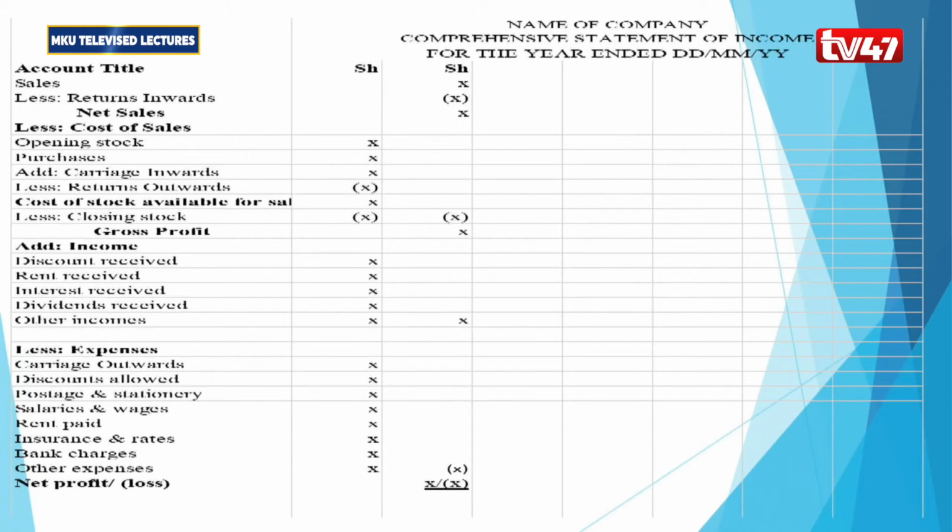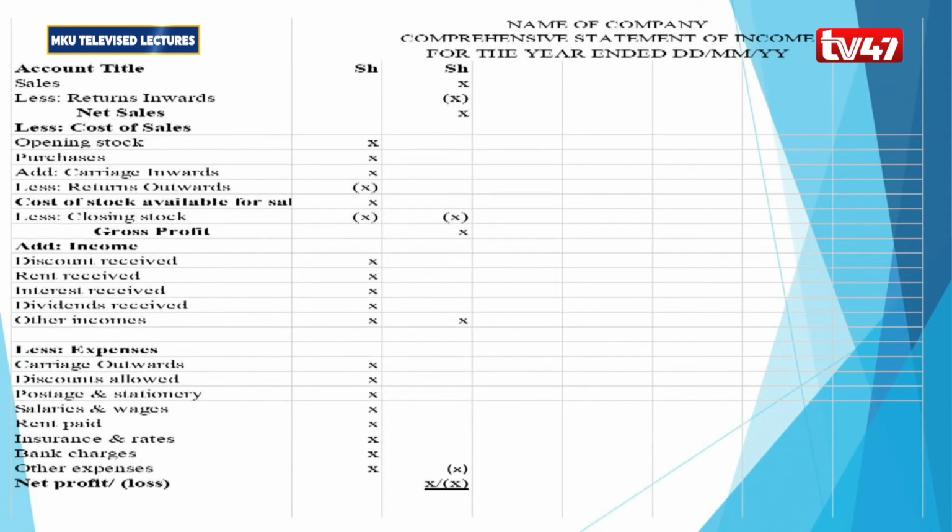Now, where do we get the return inwards amount? I would like us to flash back to what we had previously discussed on source documents and books of original entry. One of the books of original entry, or what we would refer to as the prime books of entry, is the return inwards.